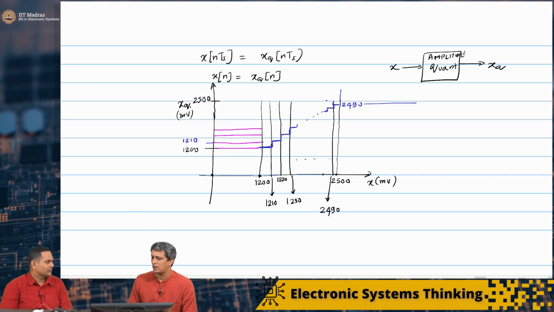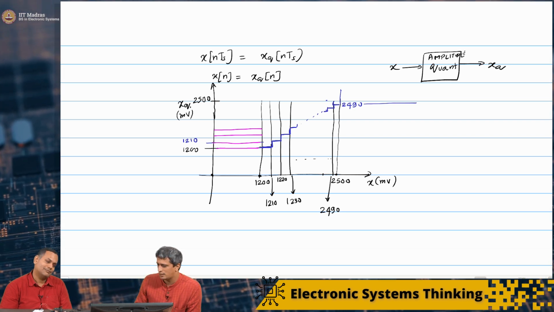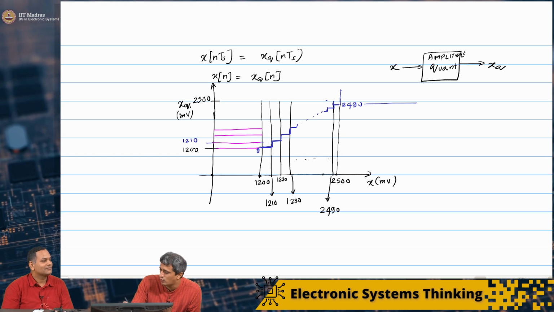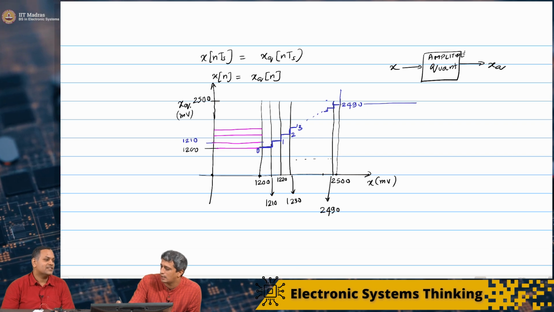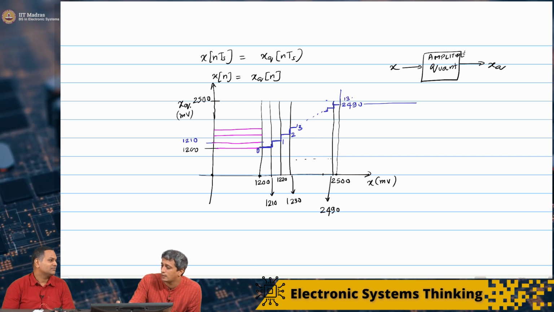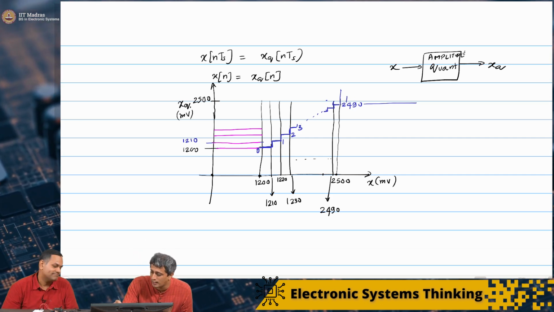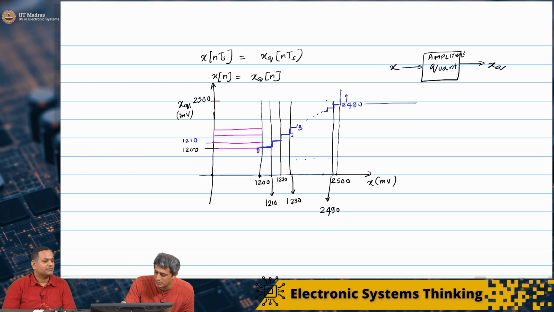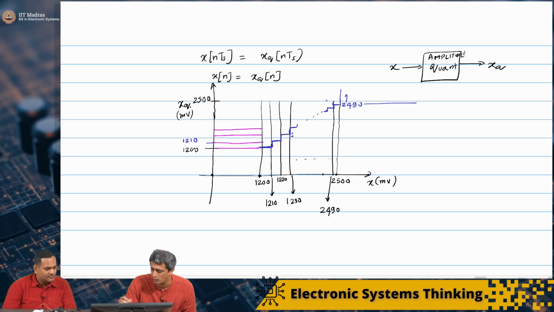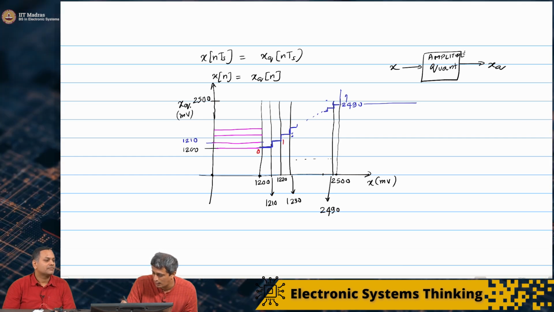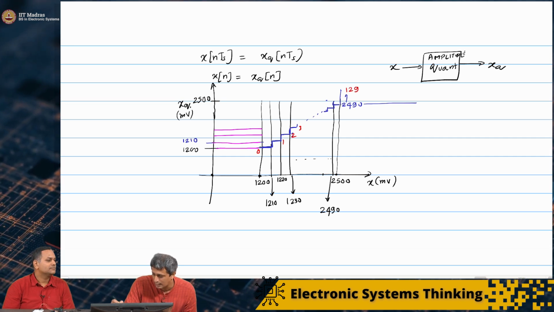But maybe I can remove this bias of 1200 and just represent this as 0, 1, 2, 3, and go all the way to 129. I will write this in a different color because I am doing a remapping now. I will call it 0, 1, 2, 3, all the way to 129.